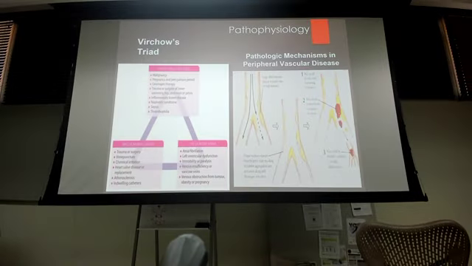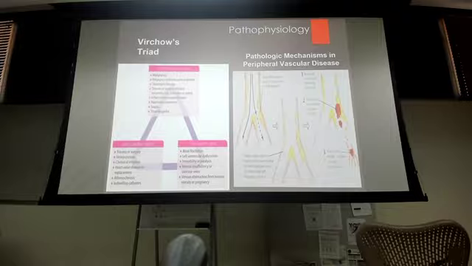Alrighty. So, Virchow's triad. You can put things into buckets when we start talking about bleeding and coagulopathy disorders. It's going to fall into one of three things, right? It's either going to be an endothelial injury, so it's inside, and we talked about how that can happen with a thrombus, for example, in an MI or a non-ST elevated MI.